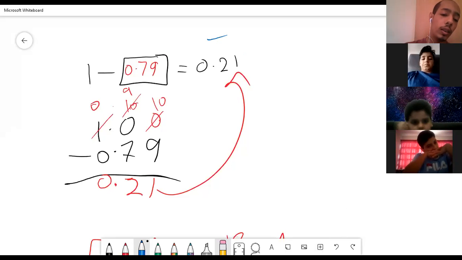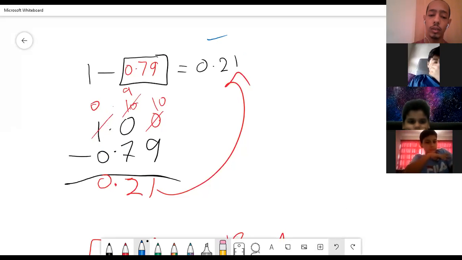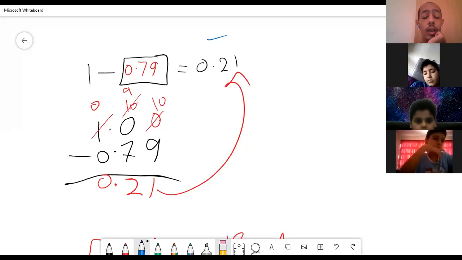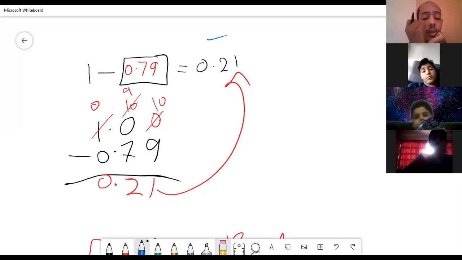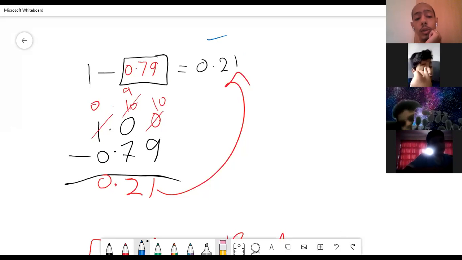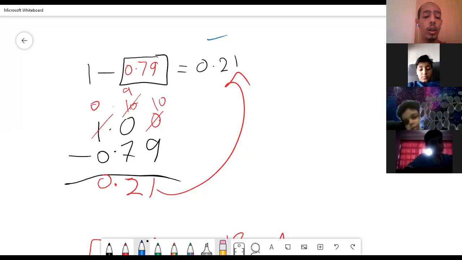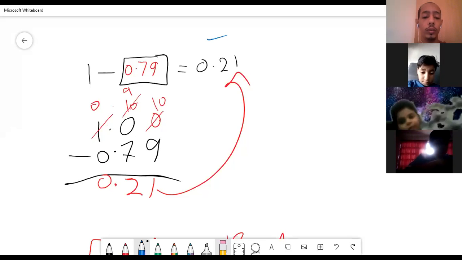You have to align the decimal point. The decimal point should be underneath the decimal point, the digits after the decimal point must be to the right of it, and whole numbers must be to the left of the decimal point.